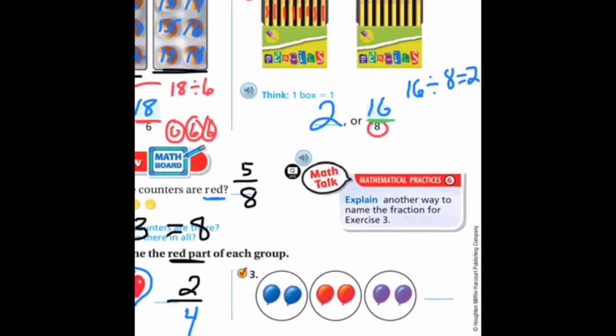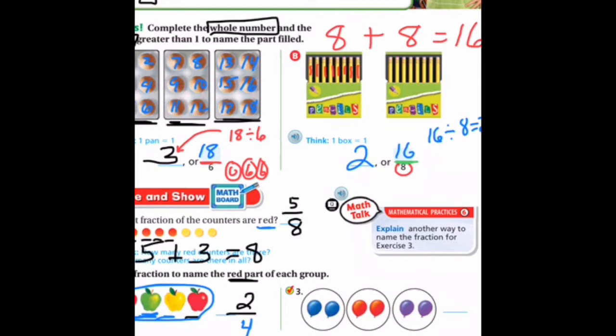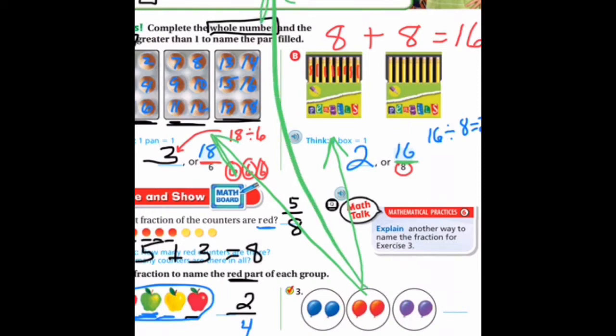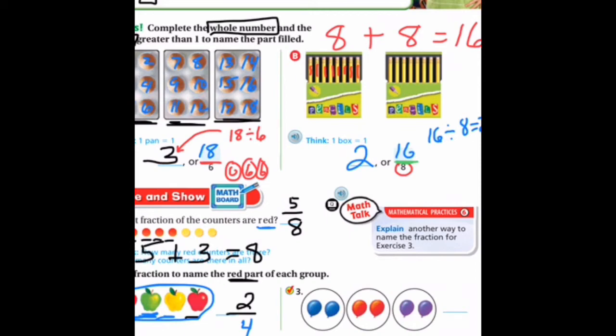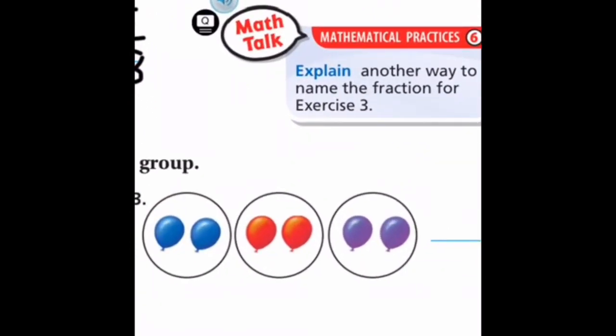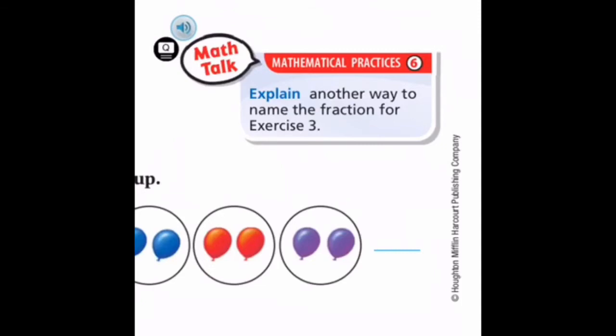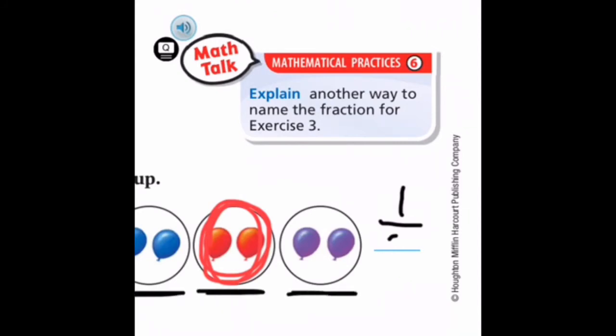And on number 3, now here, this one gets a little trickier. This is like our example. No, I'm making a giant mess now. These are like our example here, and at the very, very top, where we were counting groups, not just individual balloons. So if you counted individual balloons, that's not the strategy for this one. This one, again, we're still trying to count how many are red, and in this case, we have one group that is red, and then we have a total of 1, 2, 3 groups. 1/3 is your fraction.